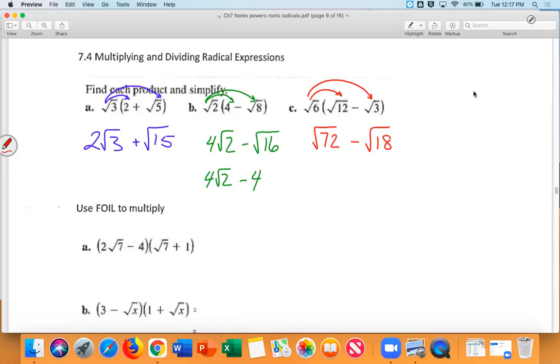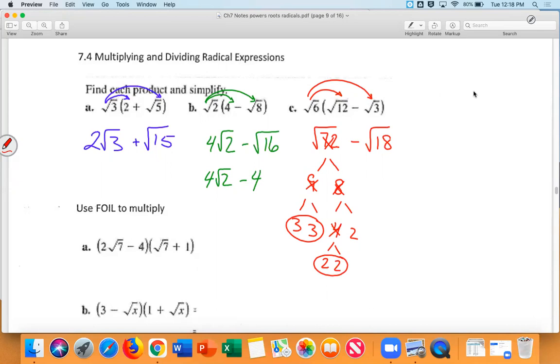What two numbers go into 72? 9 and 8. Two numbers that go into 9. There's a pair of 3s. Okay. What about 8, Justin? 4. And I have a pair of 2s.